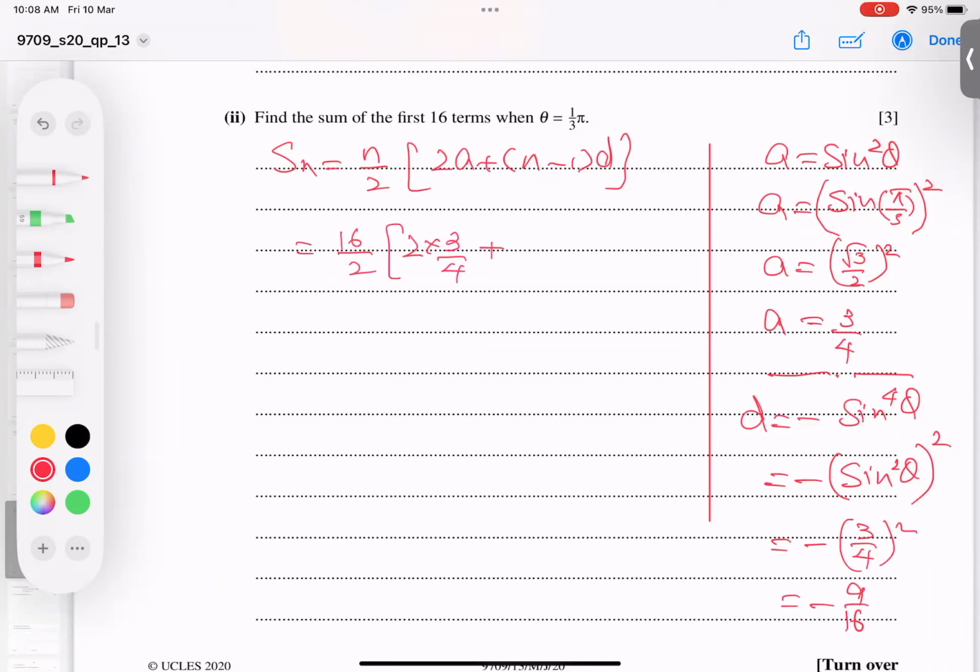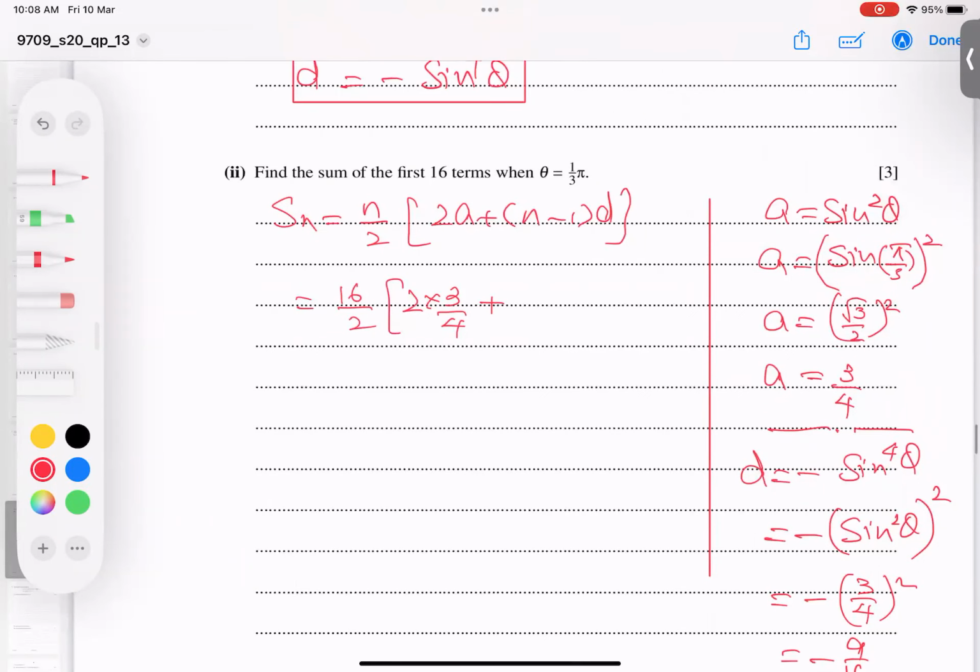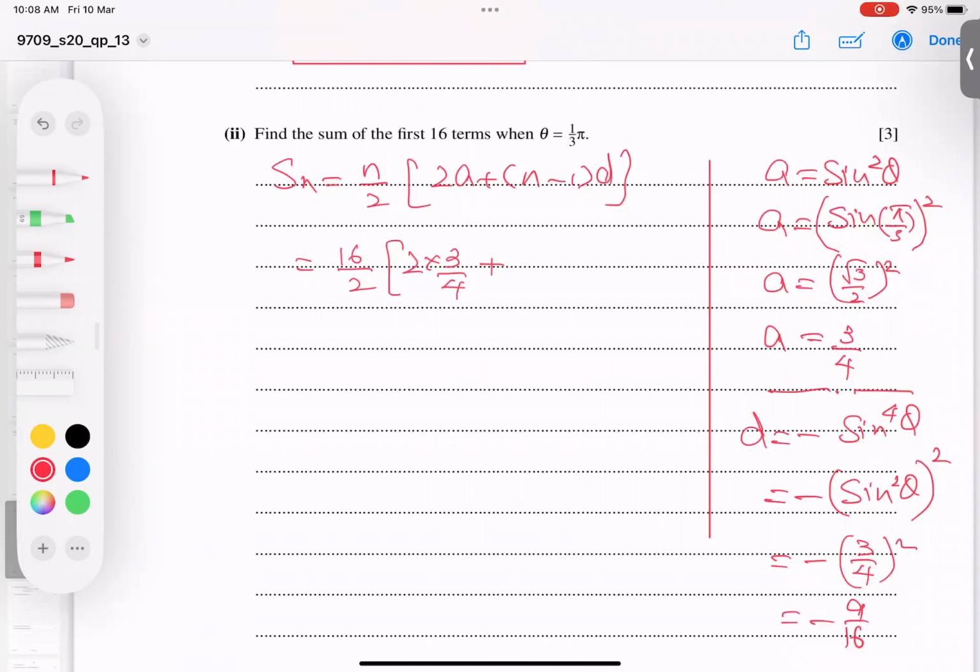Sir, will we type these values in radian mode or degree? Oh, thank you very much. Yes, radian mode because pi by 3. I am typing because I know the values in degrees, and that is the same in radians, no problem at all.